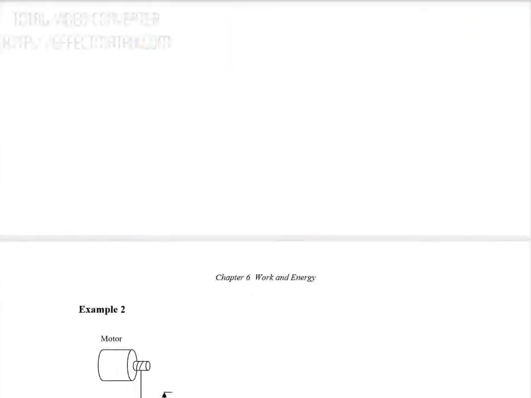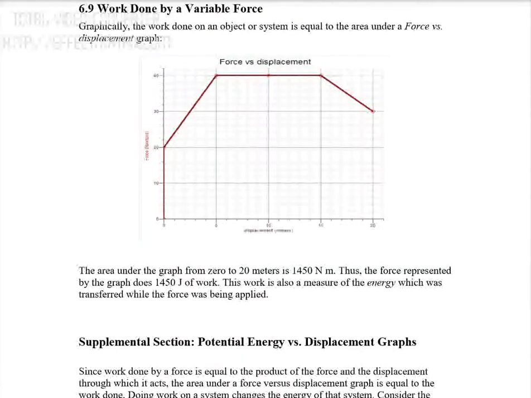Here is another point, work done by a variable force. To find work done by a variable force, you must use the force versus displacement graph. First you must take the values and draw the graph, and then you must take the area.